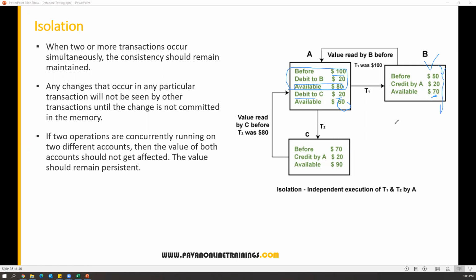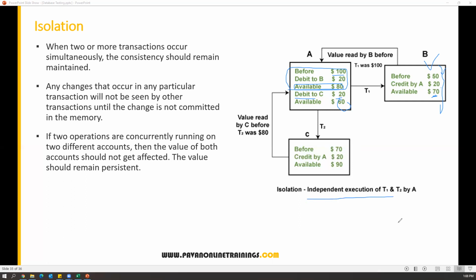As soon as one transaction is completed, the other transaction should wait till the first transaction is completed, because the data will be updated after completion of one transaction, and after the update, the second transaction will start. One transaction should not impact any other transactions which are running concurrently. That is called isolation, basically independent execution.